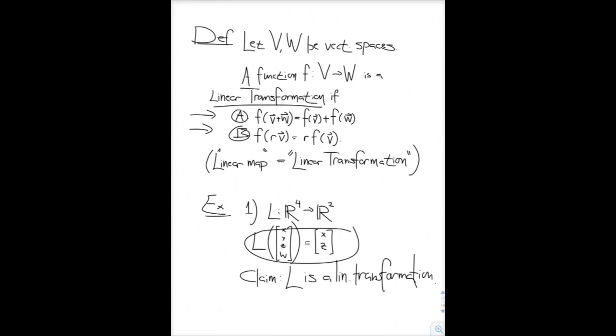So let's check. First, our verification that L preserves vector sums. So here's how this goes. What I'll do is essentially two operations in different orders. So up here, I'm first going to add the 2 vectors, and then I'll apply the definition of the linear transformation.